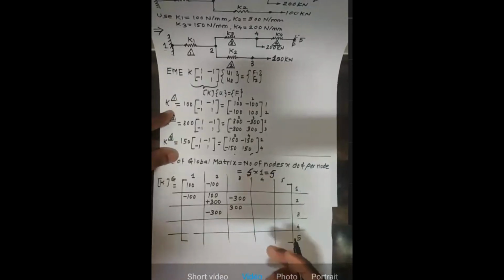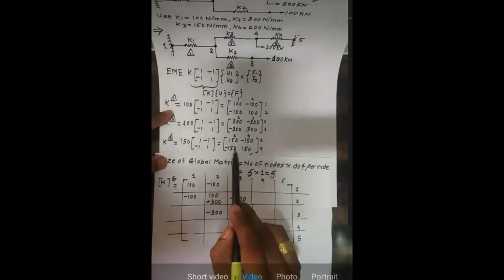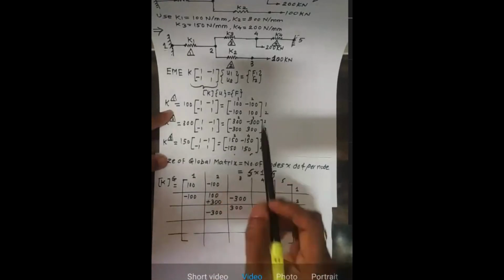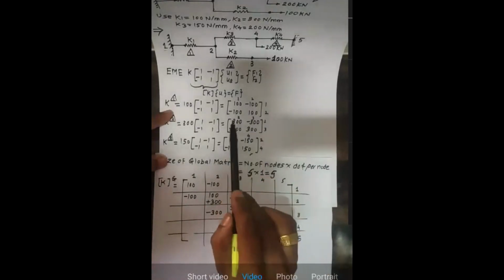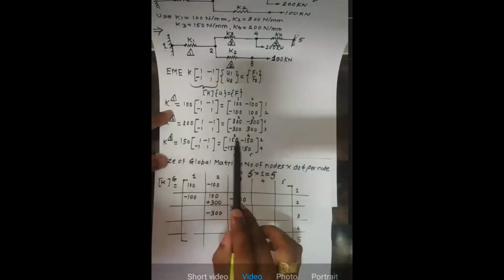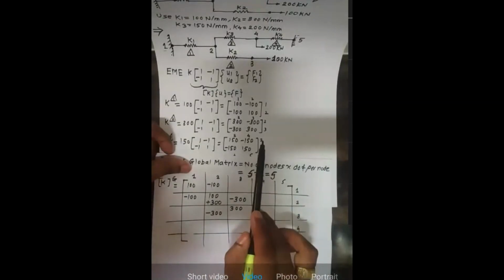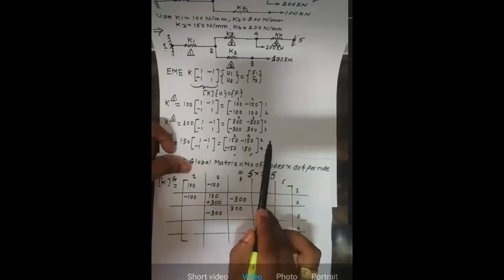Yes. Now go to the stiffness matrix of element number 3. Here you need to be more careful, because earlier it was 1, 2, 1, 2, then 2, 3, 2, 3, which is straightforward, but here it is not the case. Here you have 2, 4, 2, 4. So every element you need to pick and place properly. Let's see this element, 150. It is at 2, 2.